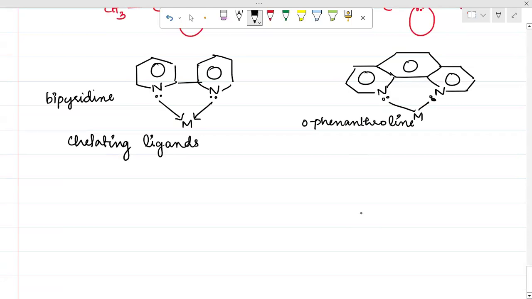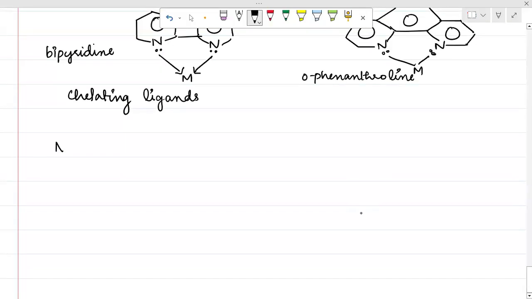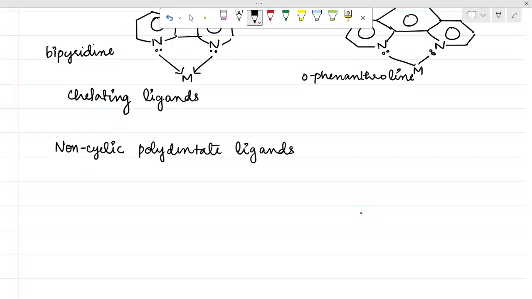So next one is chelating ligands. Chelating means they have the ability to form rings. These are non-cyclic polydentate ligands that can form ring structures with the metal.